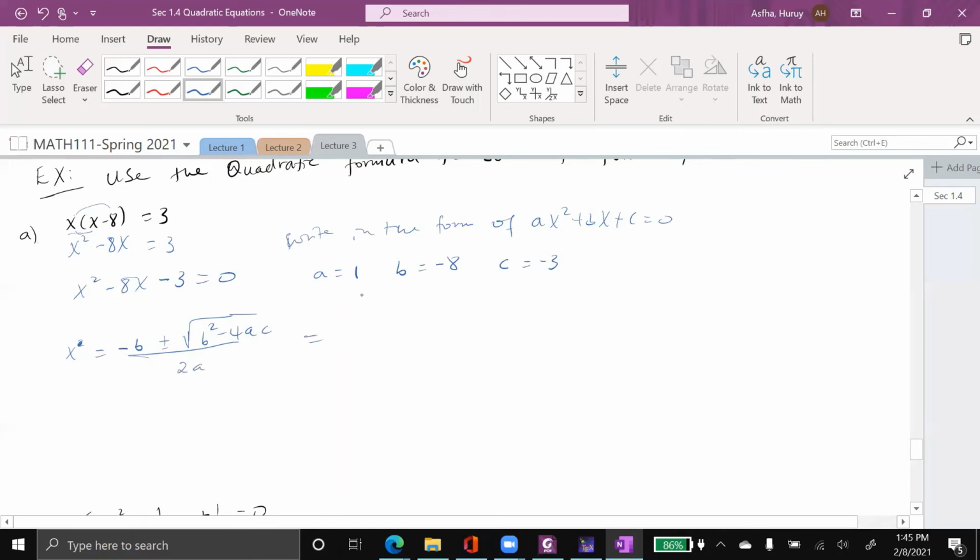Now just plug in the numbers. Negative b is negative of negative 8, plus or minus the square root of negative 8 squared minus 4 times 1 times negative 3, over 2 times 1. This is positive 8, plus or minus the square root of 64, plus 12, since 4 times negative 3 is negative 12, and the denominator is just 2.